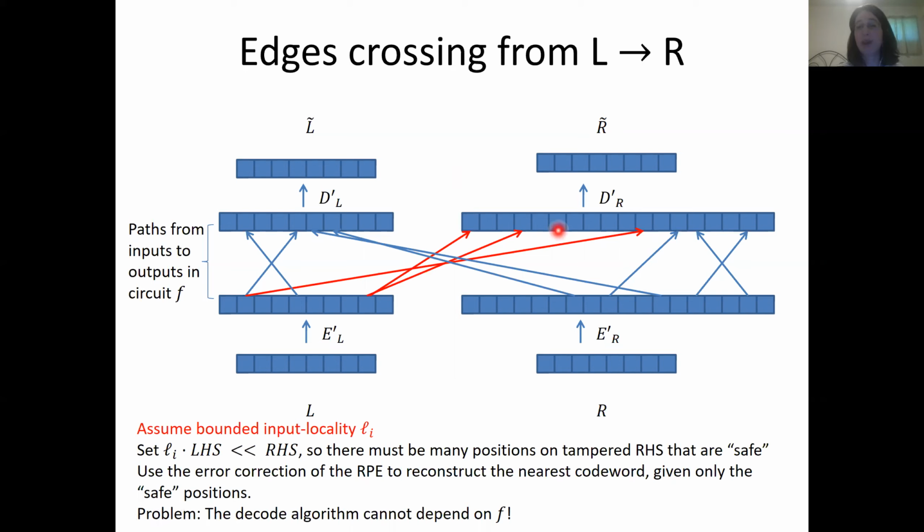It means that for many positions on the right-hand side, there are actually no incoming edges. And so we can figure out the value of these positions just using a split state function that depends only on R and not on L. So the idea is that when we apply D prime R to decode, we only decode based on the safe locations. We ignore the other locations.